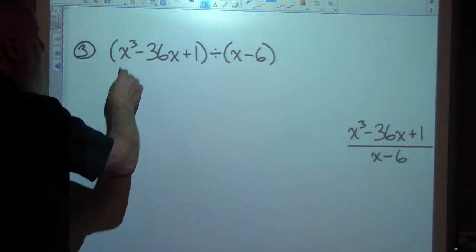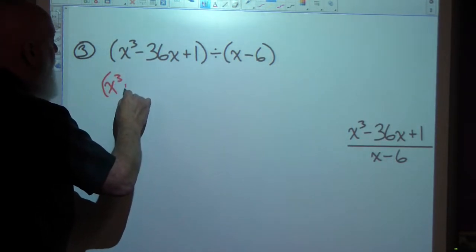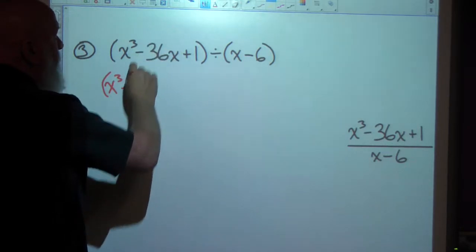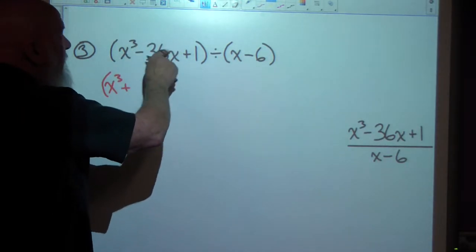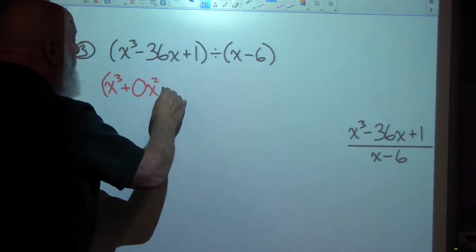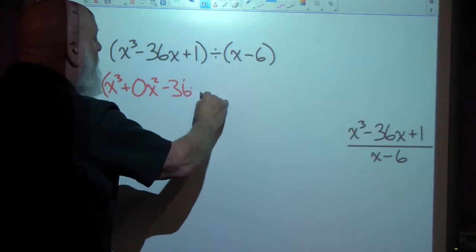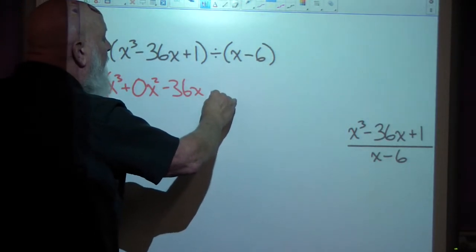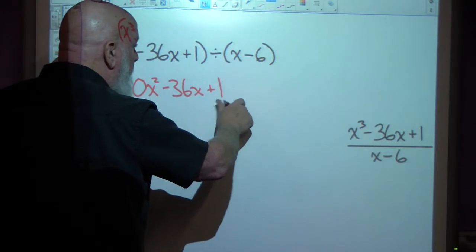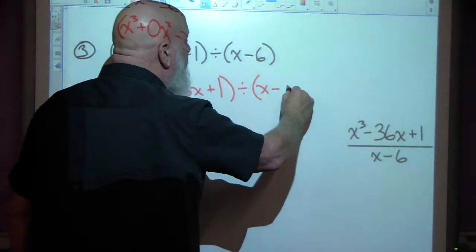So I'm going to think of this as x to the third power. I don't have any x to the second power, so I'm going to say I have 0 x to the second powers. Then I have minus 36 x to the first power. Then I have plus 1 x to the 0 power. And that's divided by x minus 6.